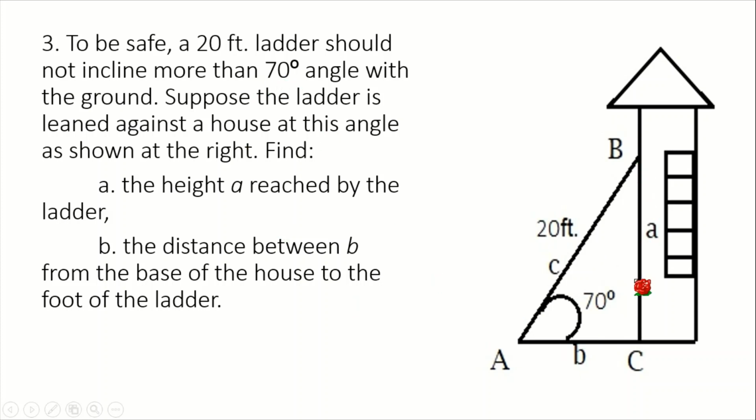This is the house. The ladder is inclined against our house, and it has a 70 degree angle from the ground. What we are looking for first is the height of the ladder, its altitude, from the ground up to the end of the ladder here. The second thing we are looking for is the distance from the base of the house to the foot of the ladder. Alright? So let's solve first the height.